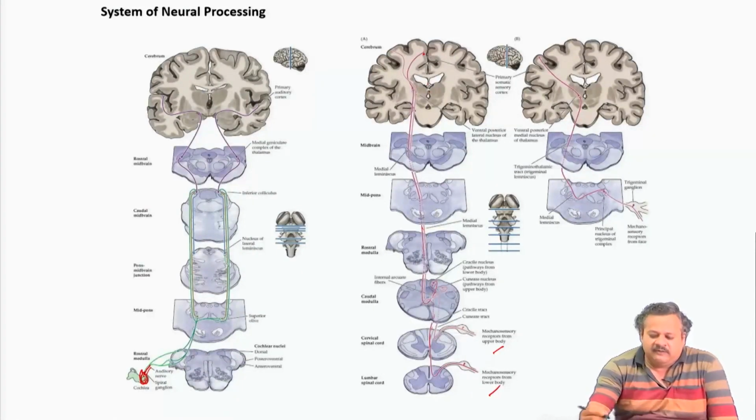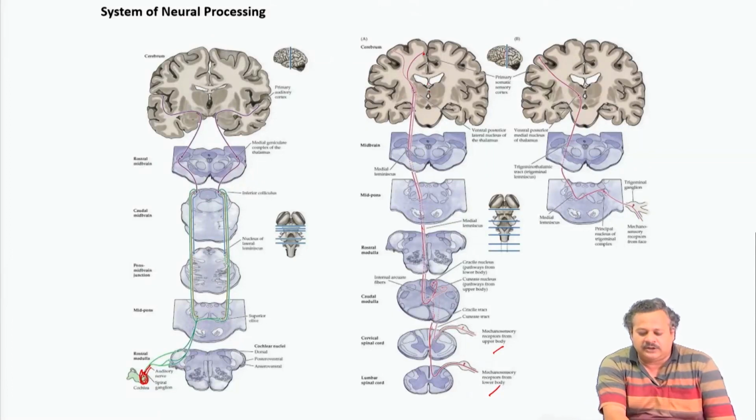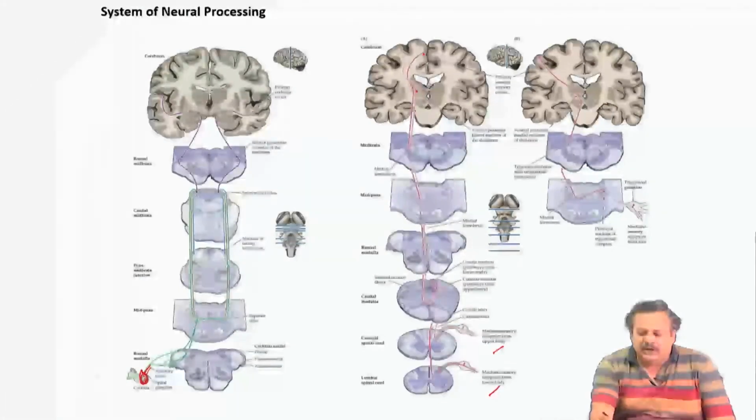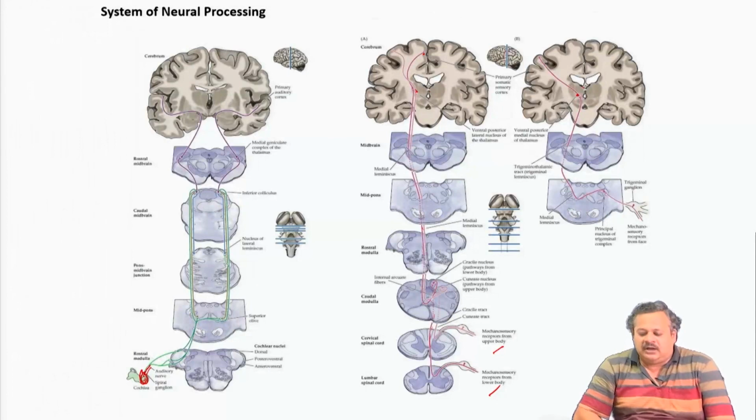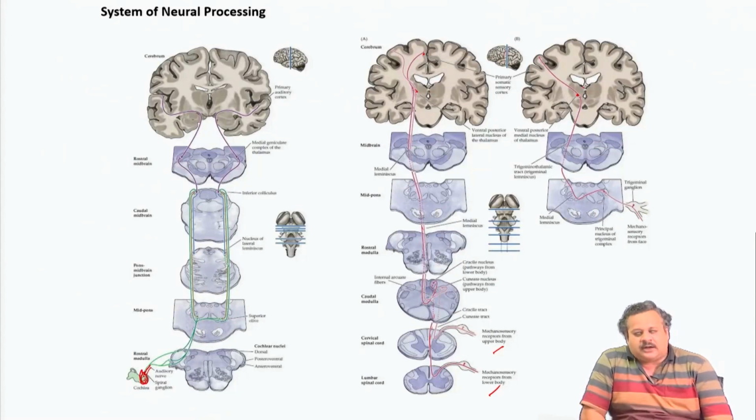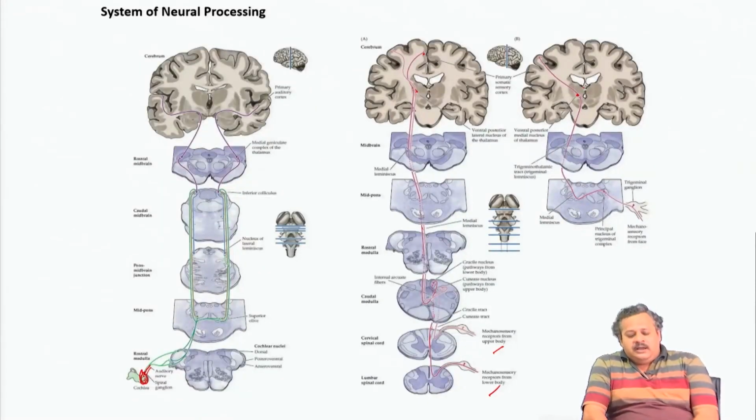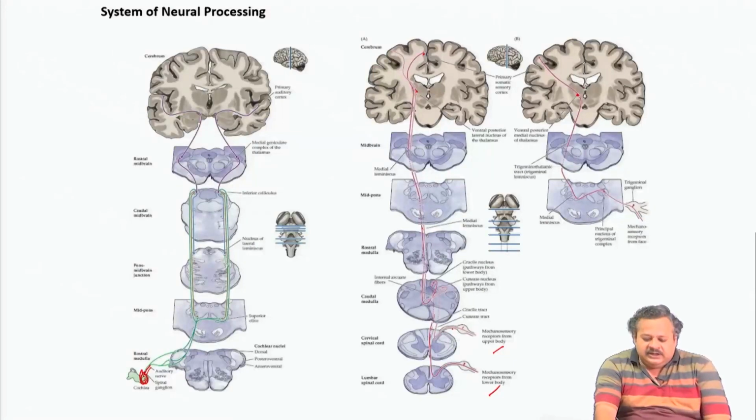In this case is the ventroposterior lateral nucleus of the thalamus of the somatosensory system, and the ventroposterior medial nucleus of the thalamus for the other tract of information, which is the trigeminothalamic tract.